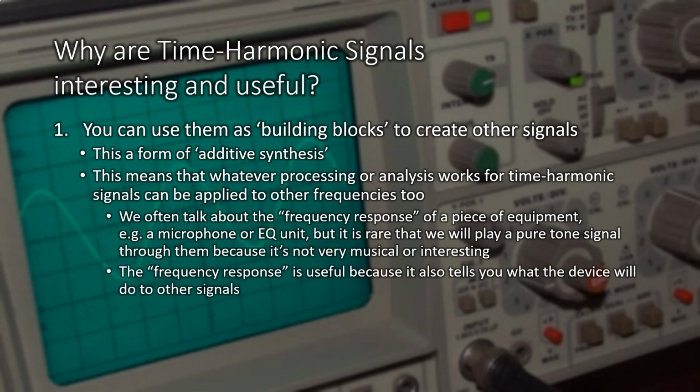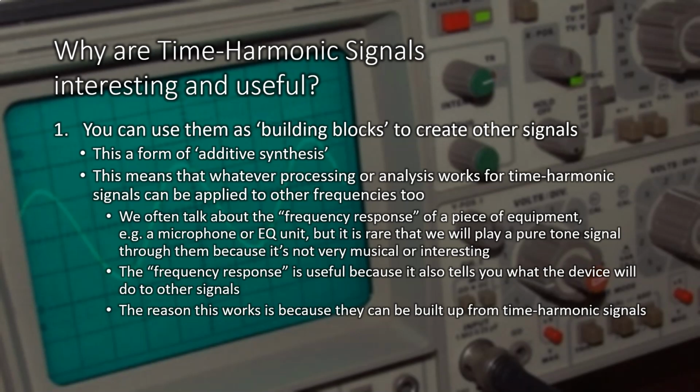But the frequency response is useful because it also tells you what the device will do to other signals. And the reason that this works is because those other signals can be built up from time harmonic signals. They can be built up from frequencies. And we know this. The human hearing system tells you this. People have known for a long time that sounds are made up of frequencies.